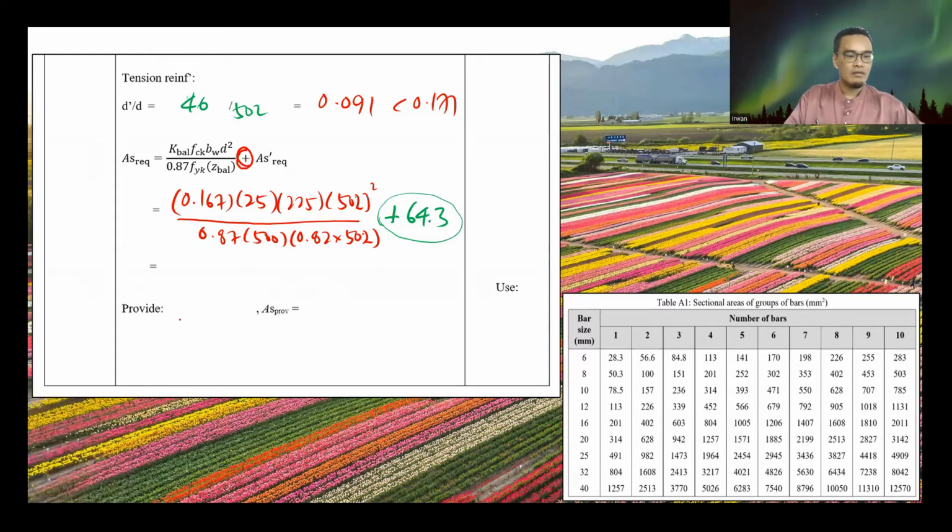113 at 6.3 mm square. So any combination of steel you want to propose? From this table?